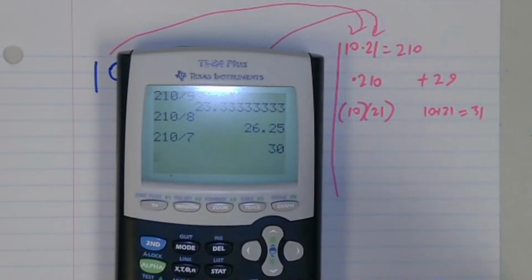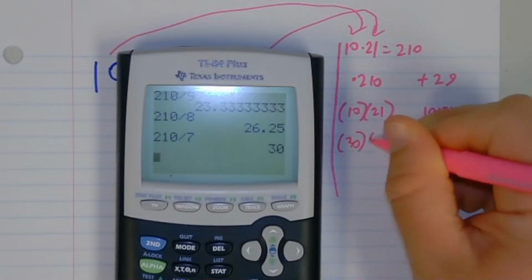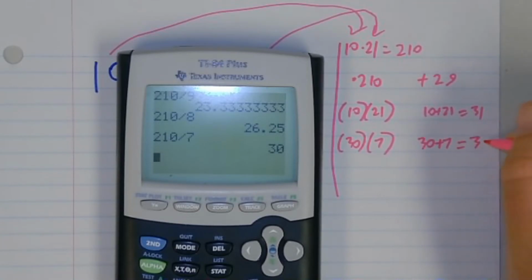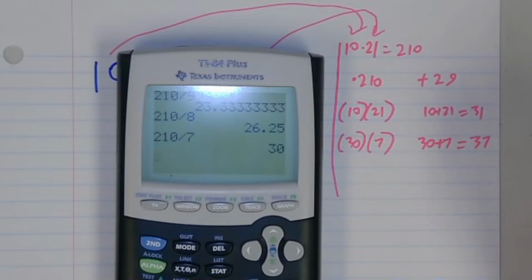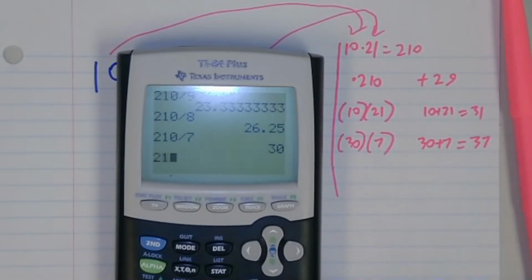Oh, it works, though. Weird. Okay. So I could do 30 and 7, but 30 plus 7 gives me 37. So I can kind of tell I'm going the wrong way here. Like, things were going better when I had 10 than when I had 7. So I want to start guessing bigger numbers than 10 instead of smaller ones, maybe.